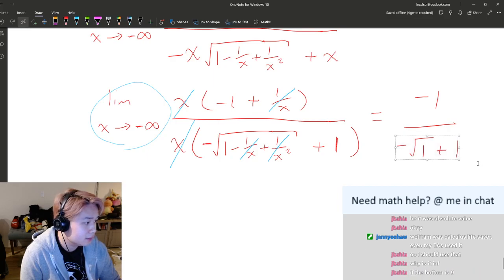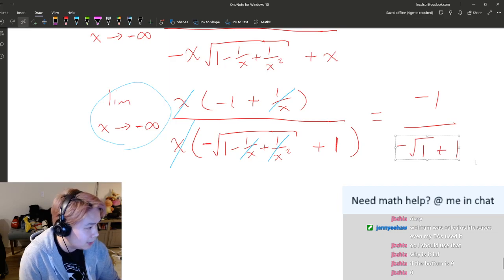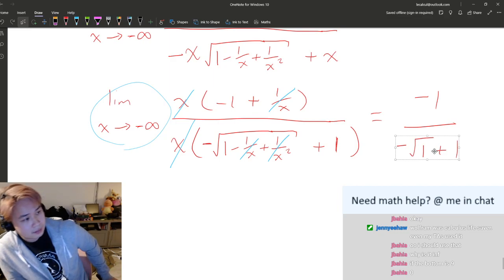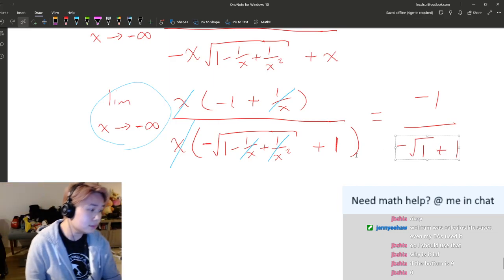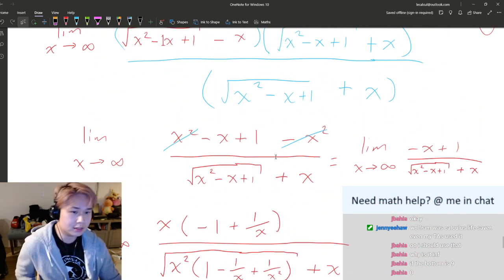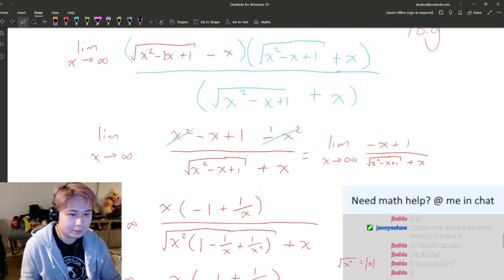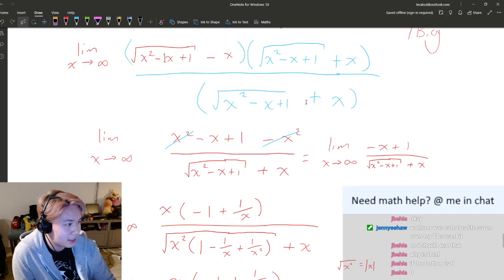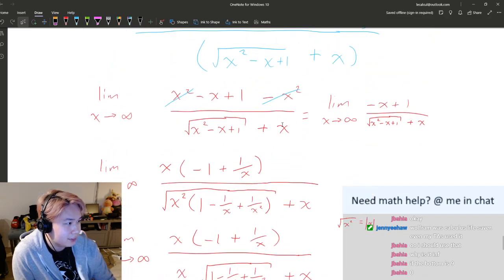And then if the bottom is 0... Okay, so hold on, let me just recap. Multiply by the conjugate, simplify, and you get this thing.